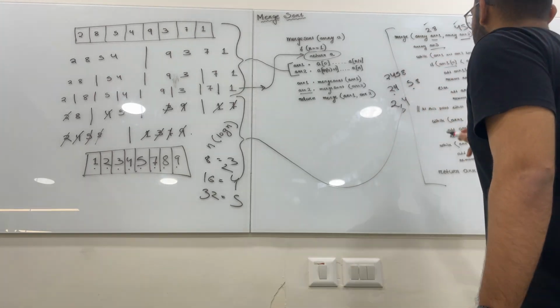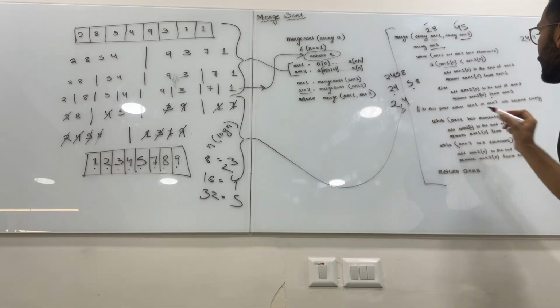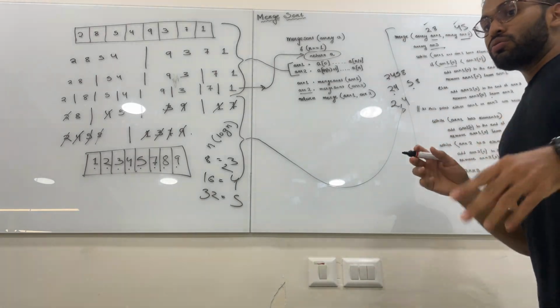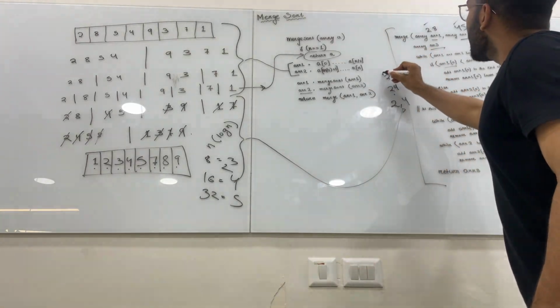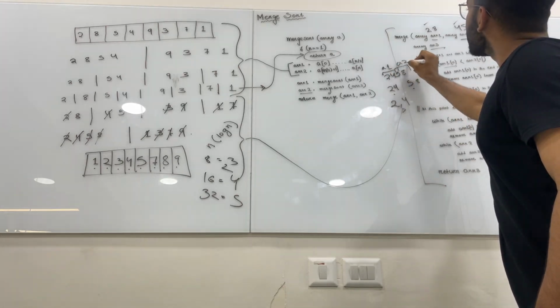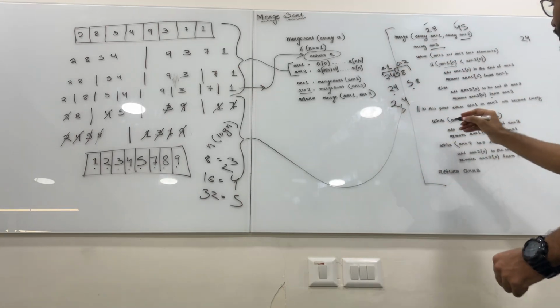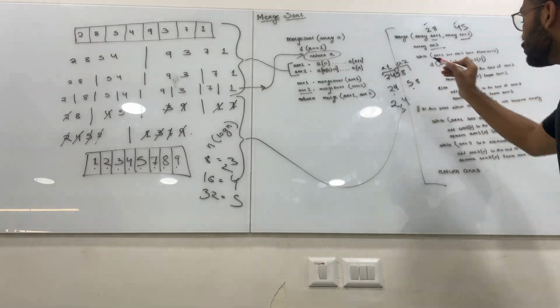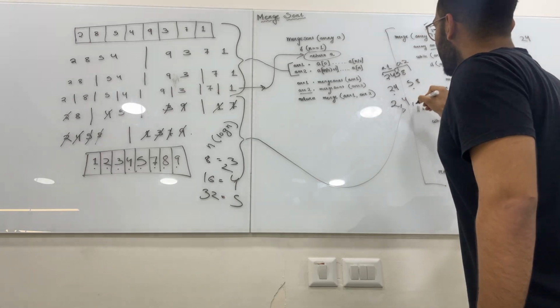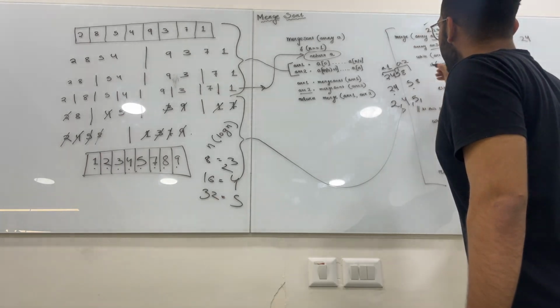This doesn't exist. Then it will come to this part, where while array 1 has elements, but in our case array 1 doesn't have any element as of now. So it will come to array 2. Array 2 has the elements, so one by one it will feed all the values from array 2 into the third array.